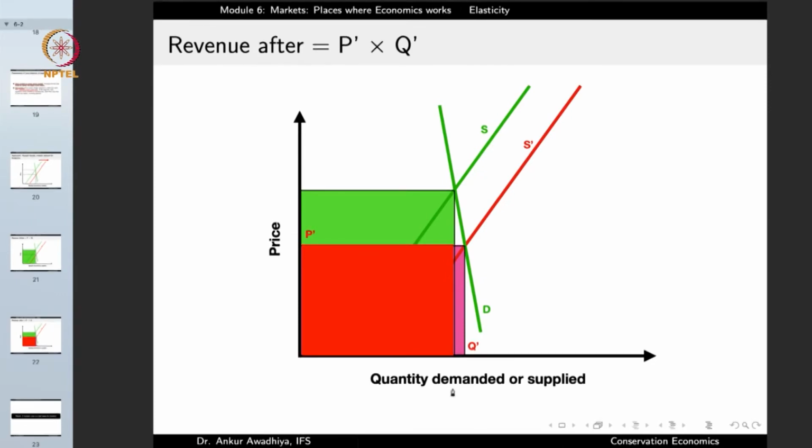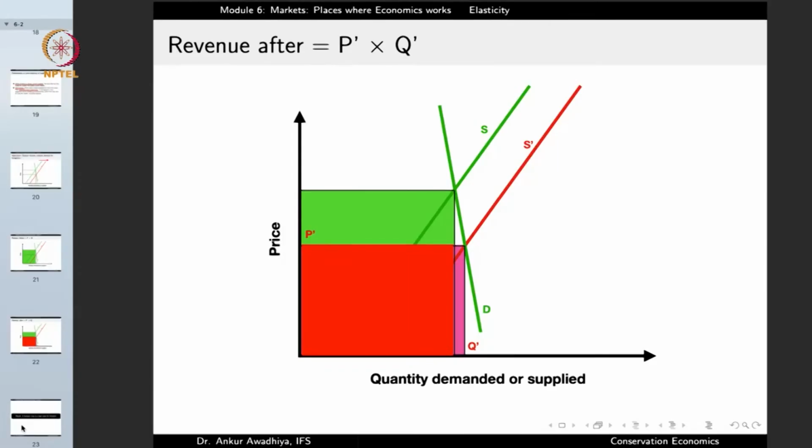So what we are observing is that even though the sellers are able to increase the supply, the agriculturalists have probably invested a lot of money into getting the tractors or into getting more equipment or better seeds. So they are doing an investment. But what is happening to the total revenue? The total revenue is going down. Why?